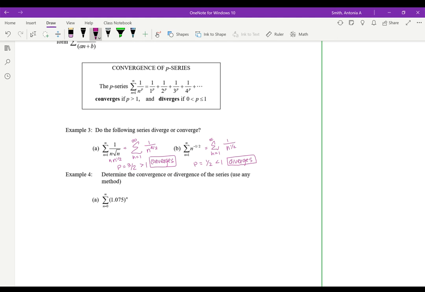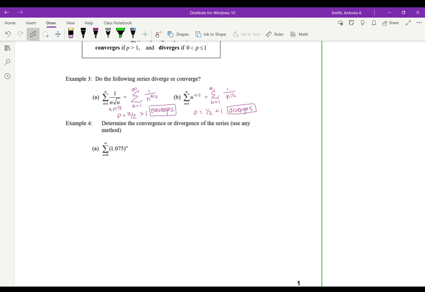So in A, those values on the bottom are getting bigger faster than the values on the bottom for part B are getting bigger. So we're adding on part B, yes, smaller numbers, but not small enough numbers for this to approach 0 or to converge to some other value. Okay, so that's what you're going to see in that harmonic series video that I posted.